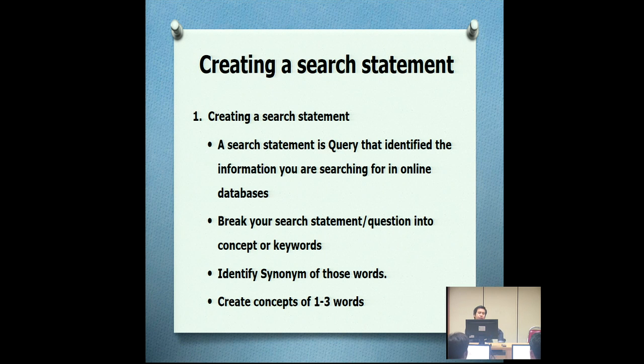Suppose you're searching for hypertension. Some articles use another term instead of hypertension, such as high blood pressure. So you have to identify the synonyms of the word that you want to cover too.